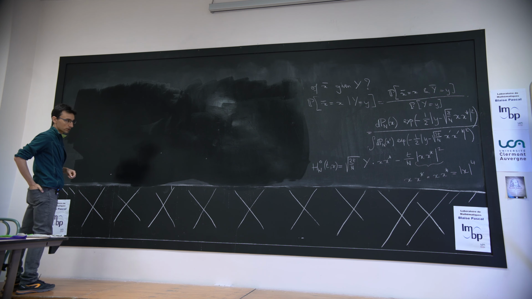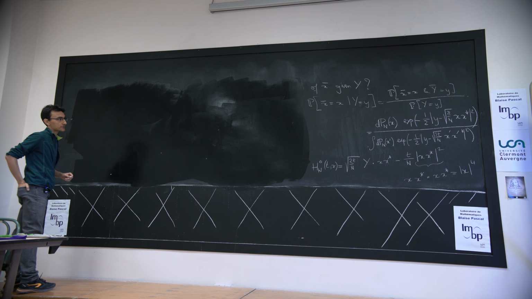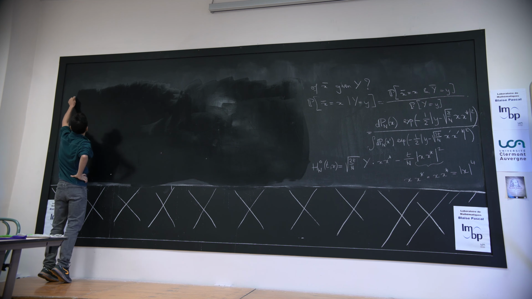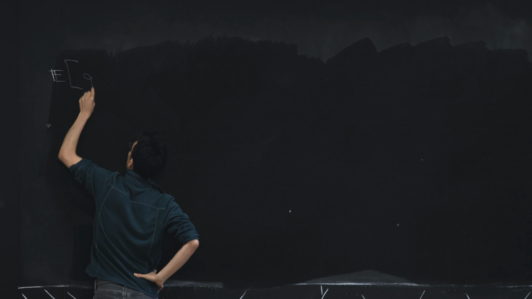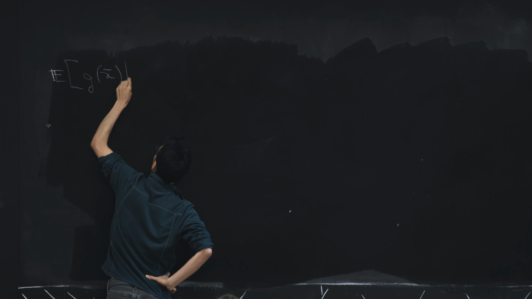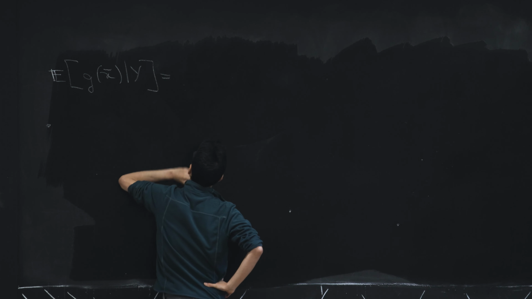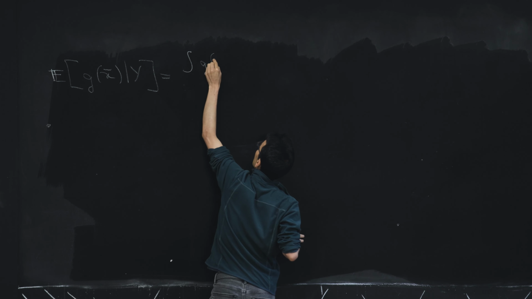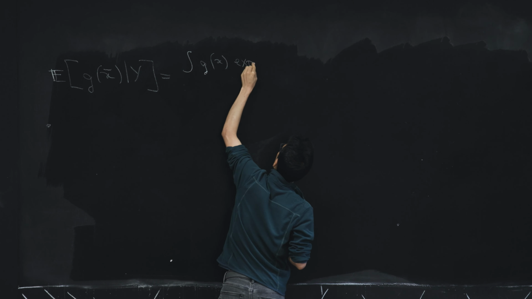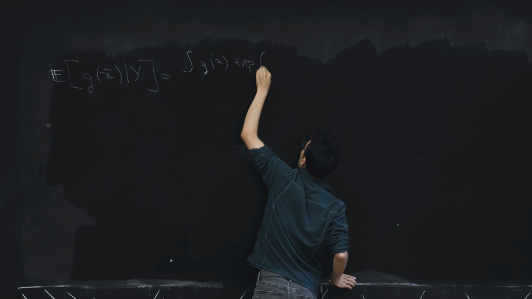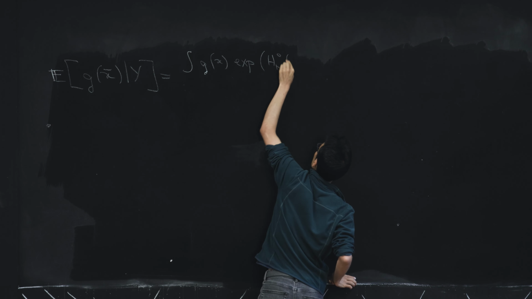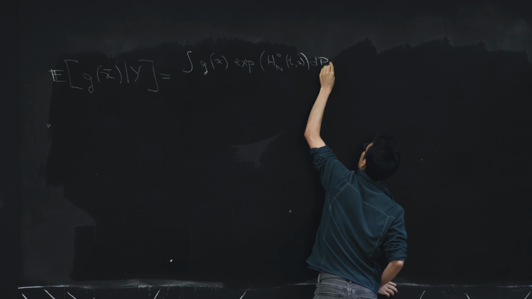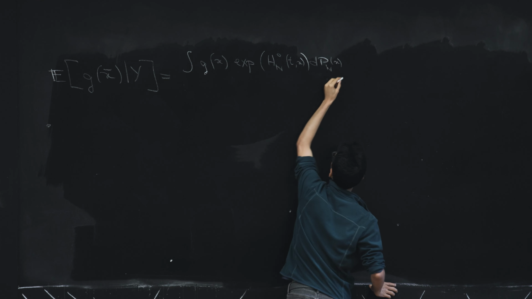So if I try to write something more rigorous, I would say that for every bounded measurable function g, when I compute the expectation of g of x bar given y, then this is given by the integral of g of x exponential of that thing I just defined, hn circle tx, dPn of x, divided by the normalization.